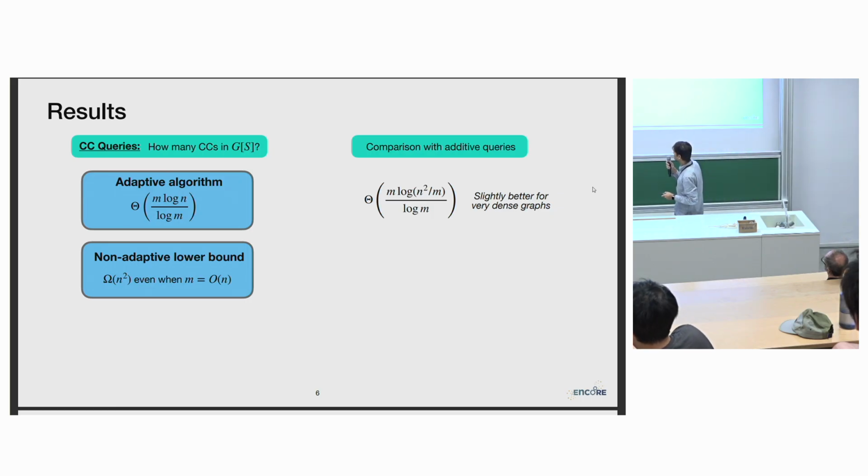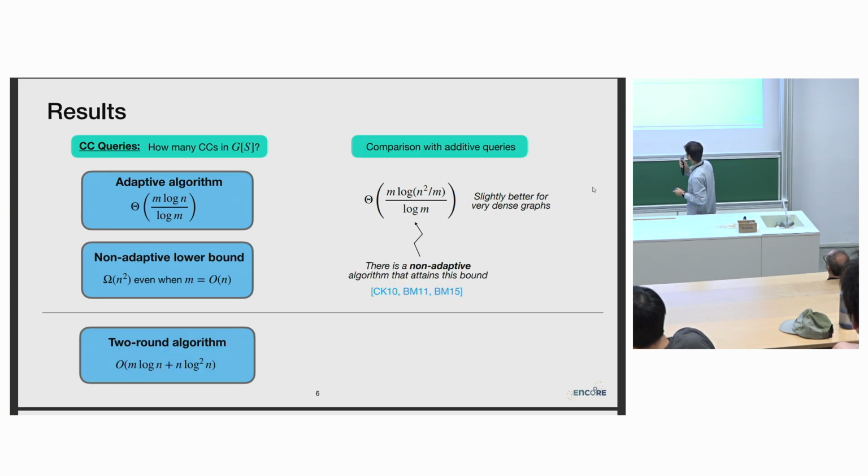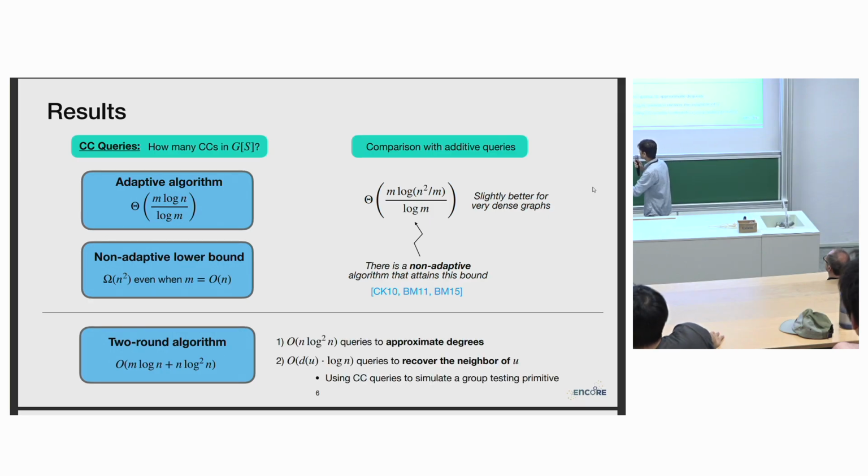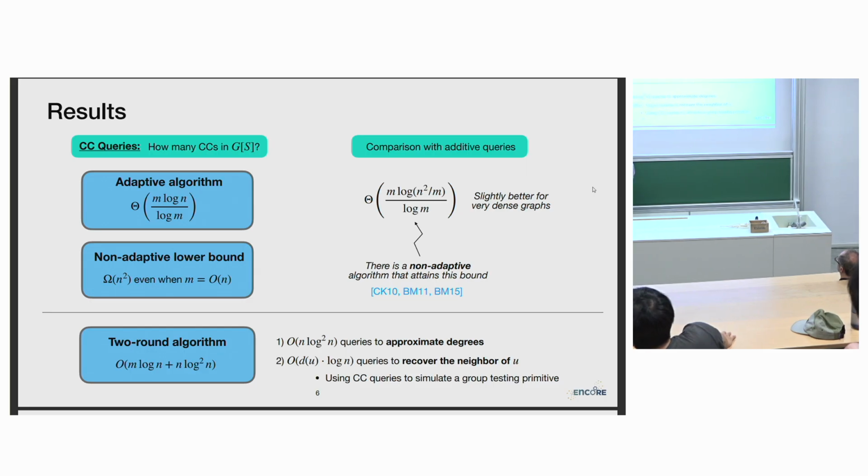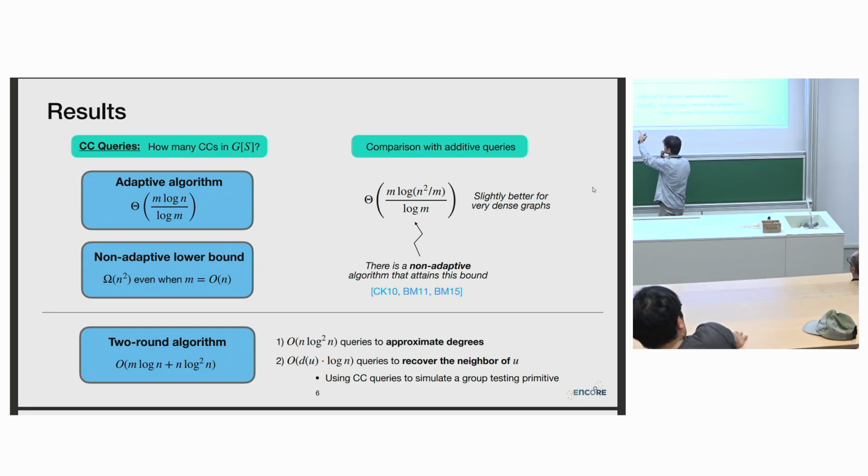For a non-adaptive algorithm, there is an order n squared lower bound, even when m equals order n. We are also going to give a 2-round algorithm that gives m log n plus n log squared n. These are the results in this paper. One interesting thing would be to understand how this 2-round algorithm works.